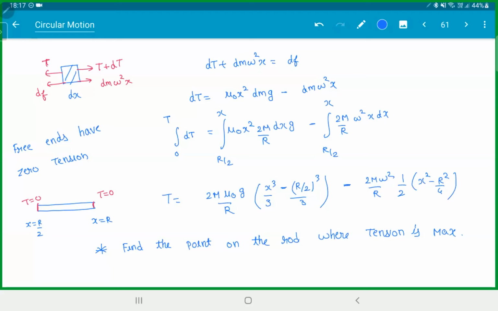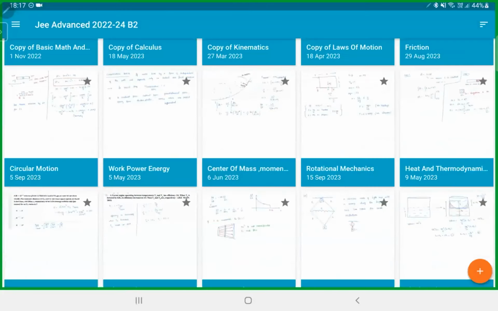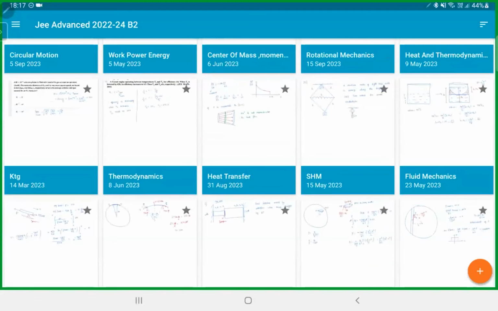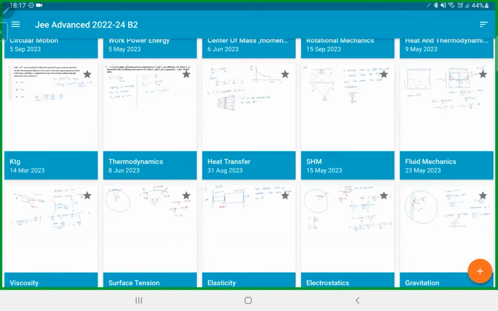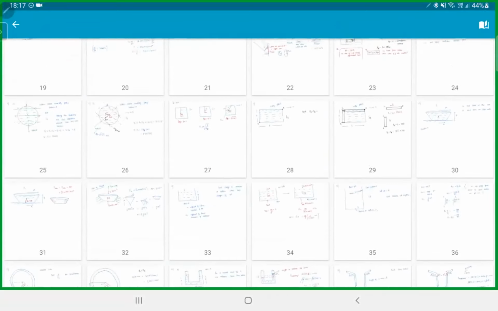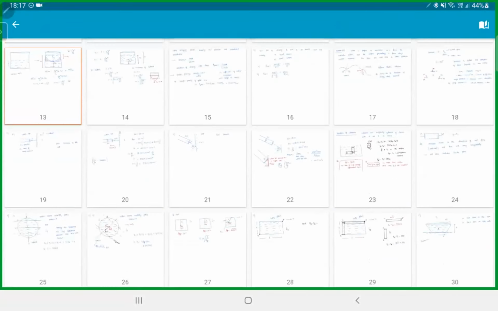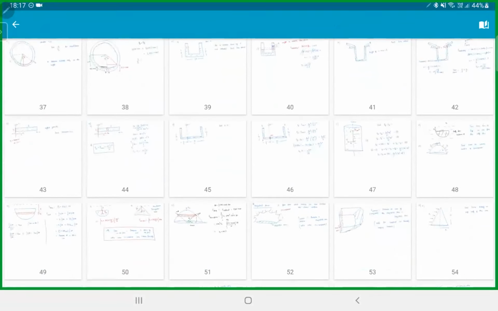Because this concept I'm teaching now won't stop here. You will again encounter this question in other chapters. For example, I'll just show you. These are nothing but integrations actually. Here.